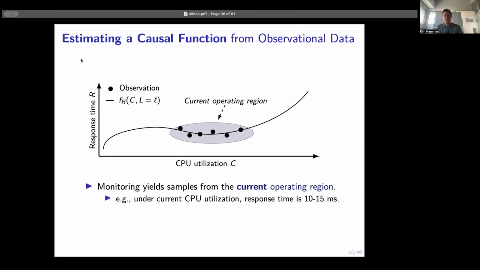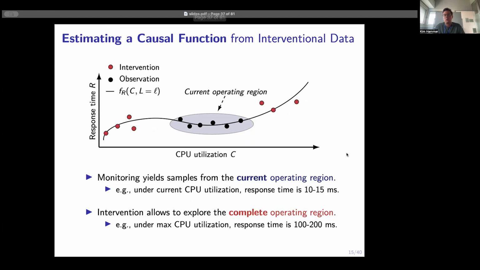And it's very clear from this figure here that if you just monitor the system in the current operating region, you will not be able to identify this causal function because you will not be able to see how the response time will be impacted if you have a very high utilization or a very low utilization. So that's exactly why we need to intervene on the system to be able to explore alternative operating conditions.